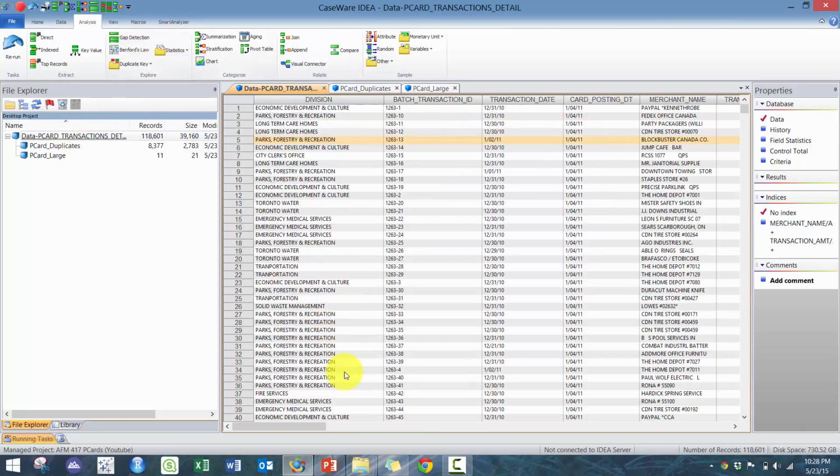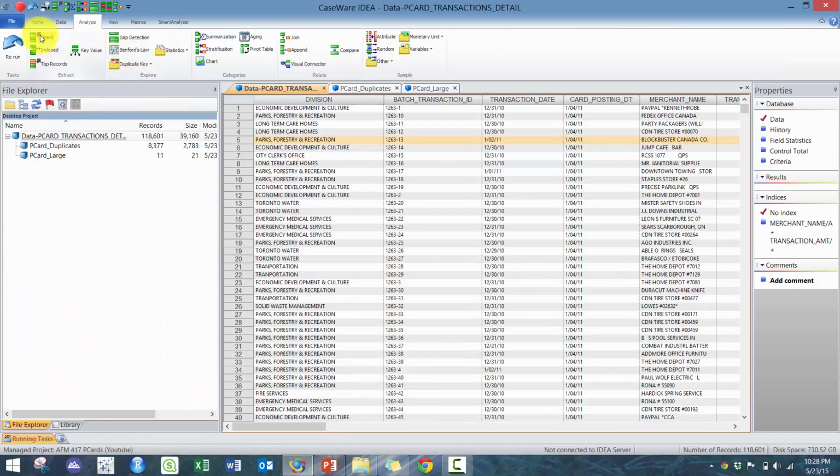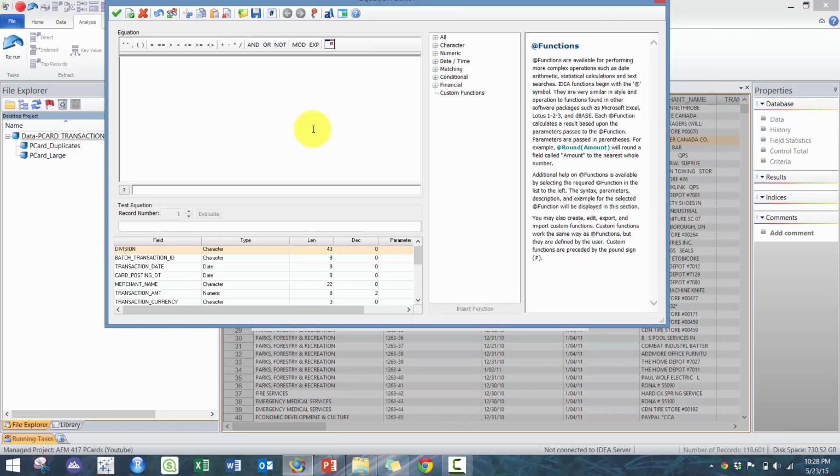Interesting. And then here, transactions perfectly divisible by 100. The way I like to do this one is to use a couple of different functions. I'm going to call it round, and I simply take the integer of the number. In this case, I'm going to use the original amount because, again, we don't want to be impacted by the transaction amount. Then just divide by 100.